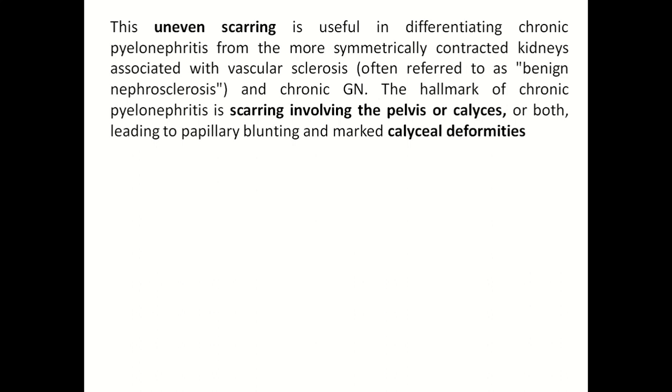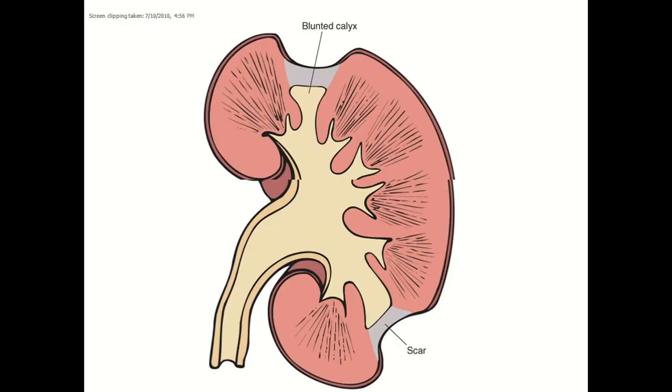While chronic pyelonephritis is asymmetrically irregular, with uneven distribution and U-shaped scars. The hallmark of chronic pyelonephritis is scarring involving the pelvis and calyces or both, leading to papillary blunting and marked calyceal deformities. So it's mainly deformity in the calyceal system.